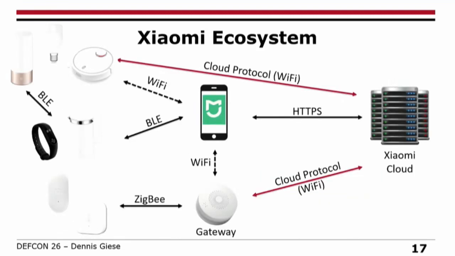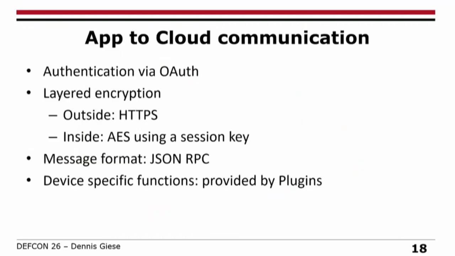Okay. So let's take a look at the other interface, the interface between the app and the cloud. The communication here is authenticated over OAuth, and they have a layered encryption. Basically, they connect over HTTPS. But inside of the HTTPS, they have a different payload, which is encrypted with AES and with a specific session key, which is generated.